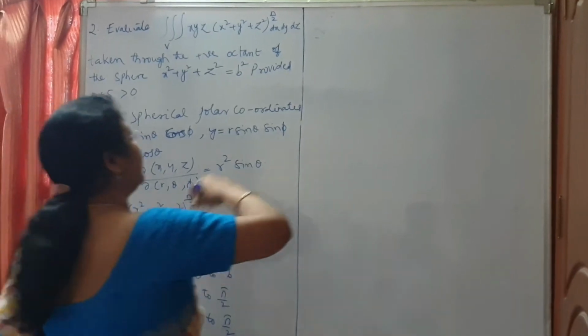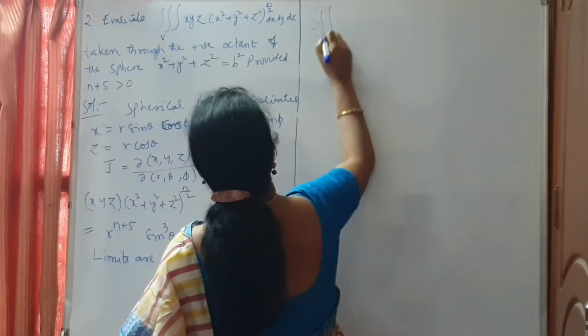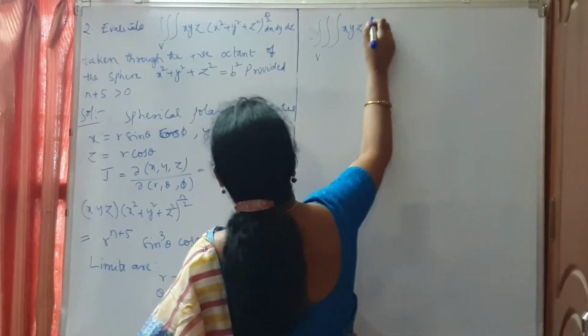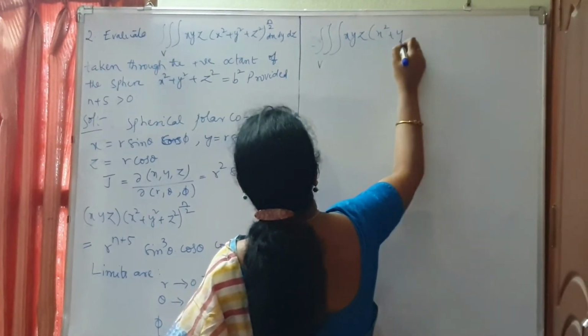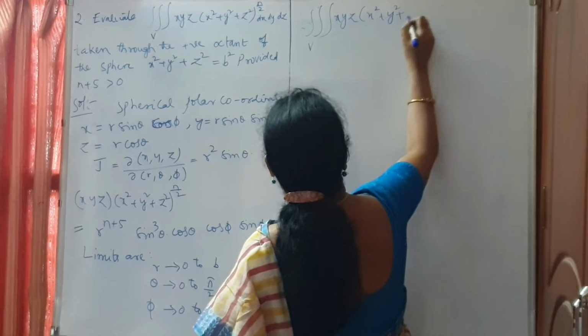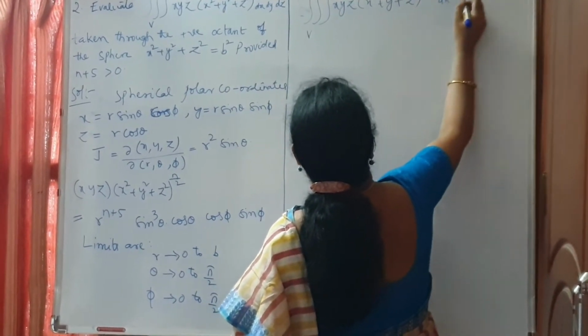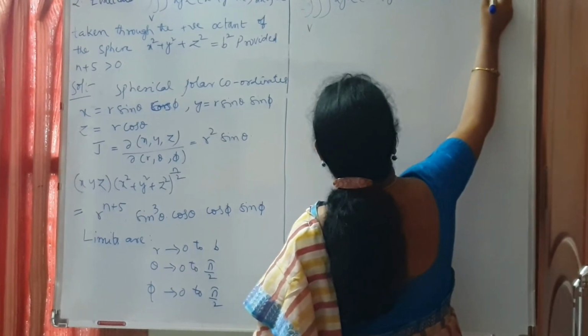Now the triple integral in Cartesian coordinates has transformed to polar form. This is our given problem, with x square plus y square plus z square whole power n by 2 dx dy dz.